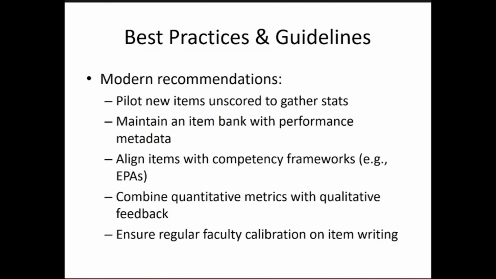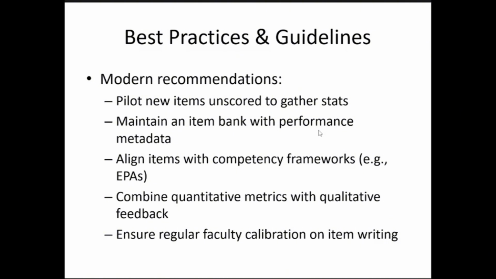So what are the best practices and guidelines in terms of post hoc analysis? The best way is to pilot new items unscored to gather stats, but this seems very difficult in summative exams. But the main hurdle to having good questions is that an item bank needs to be maintained, and it should be aligned with competency frameworks like EPAs, which combine quantitative and qualitative data and are fully faculty calibrated.